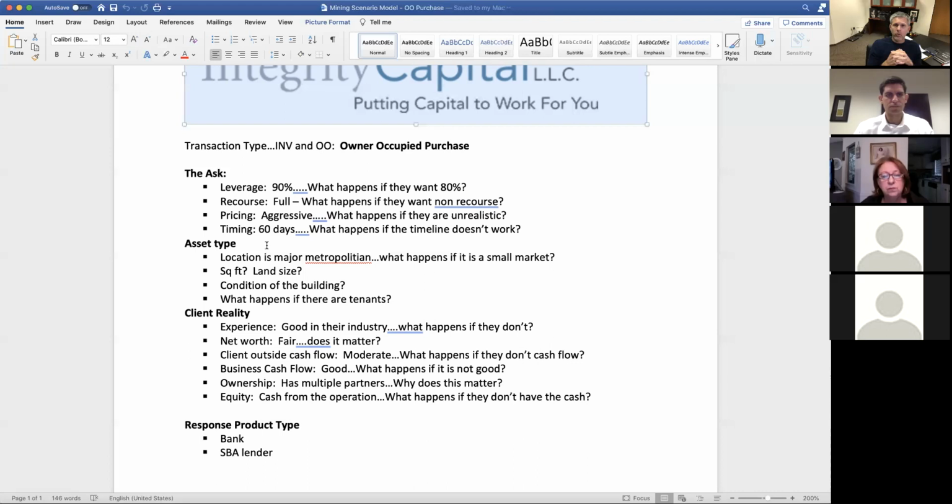And so through this model, as we record these and have these for future associates, it will create a framework by which they can go back and reference it to say, okay, this is the way I size this up, and this is how I make a recommendation, and here's why.